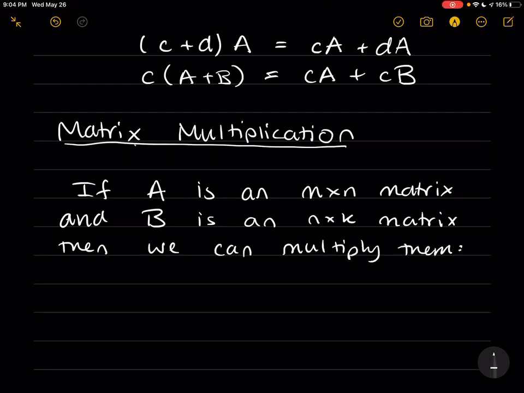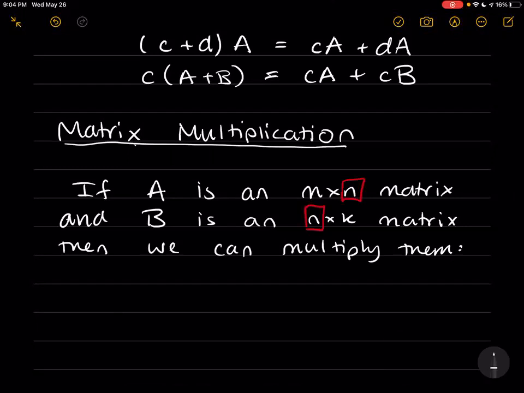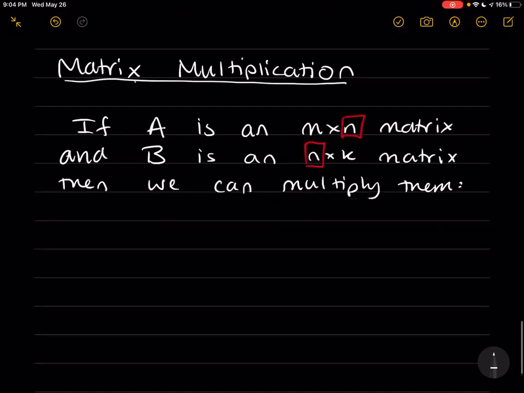So it's very important that these two things match up. And we'll see why in a second. So let's say we wanted to do A times B.